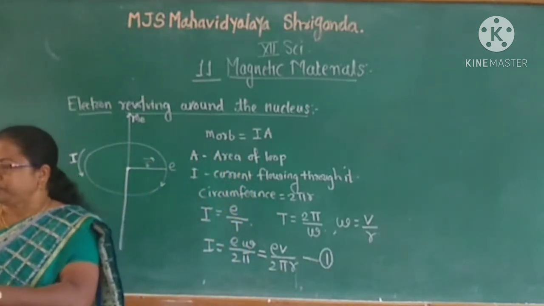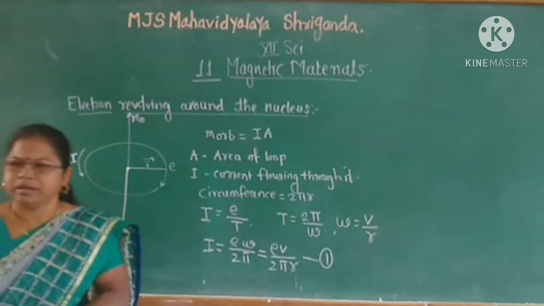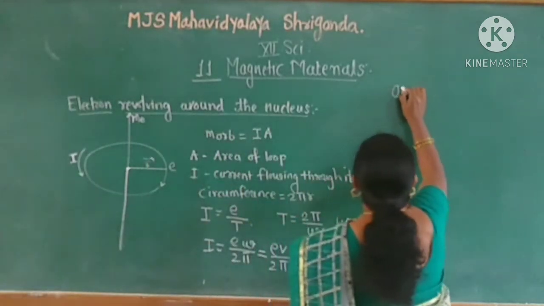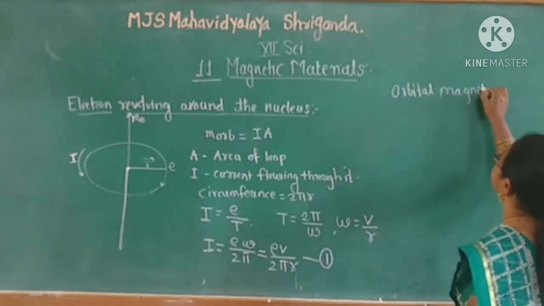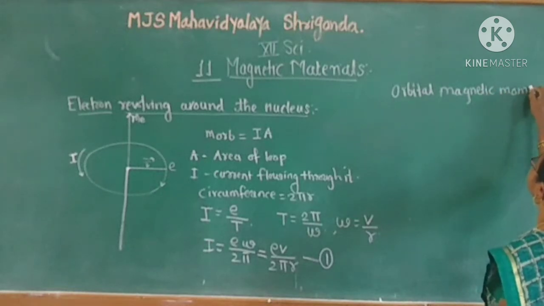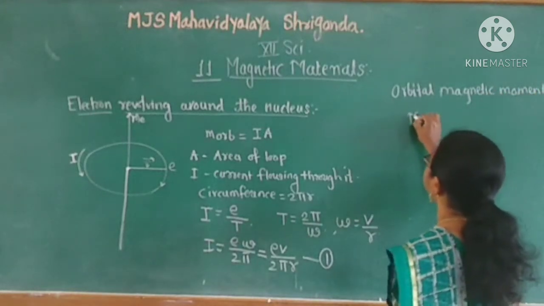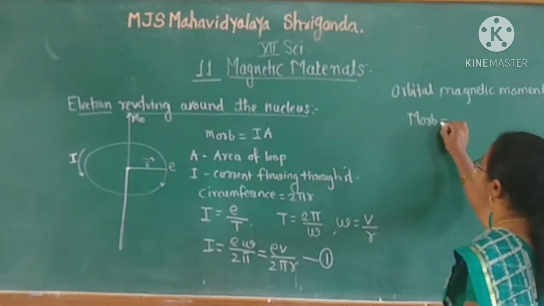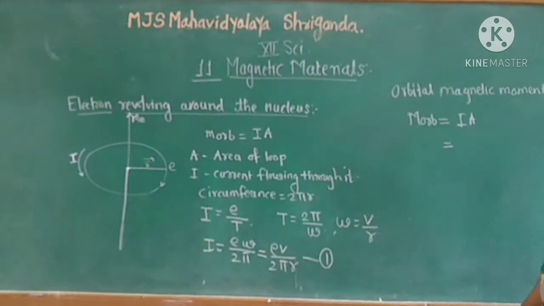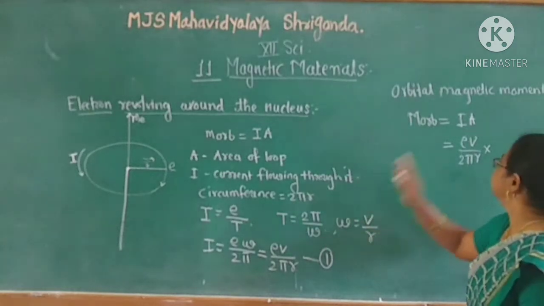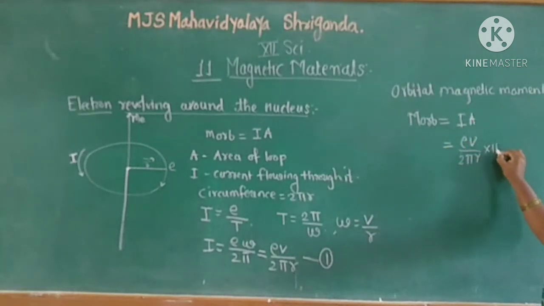Now, the orbital magnetic moment, that is m orbital is equal to I into A. Since value of I is equal to EV divided by 2 pi R, and area A is equal to what again?